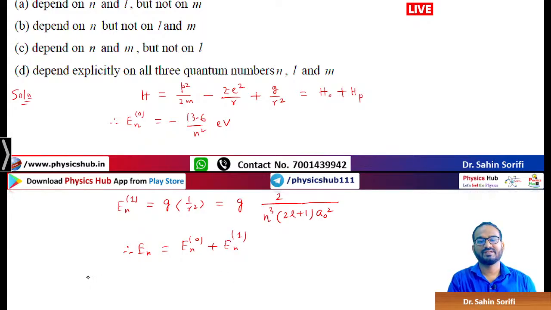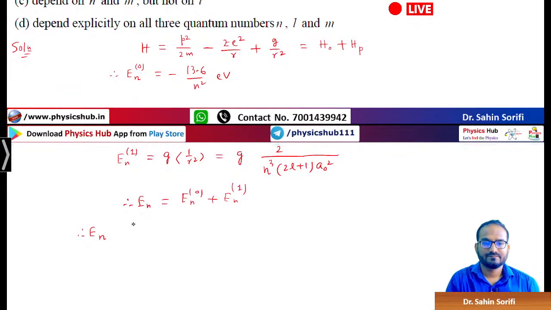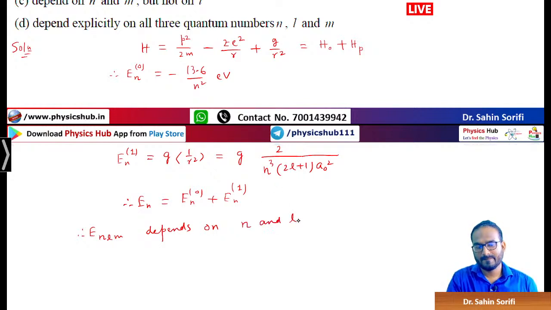So we can say that E n l m depends on n, and you can see it also has dependency on l, but it doesn't have any dependency on m.